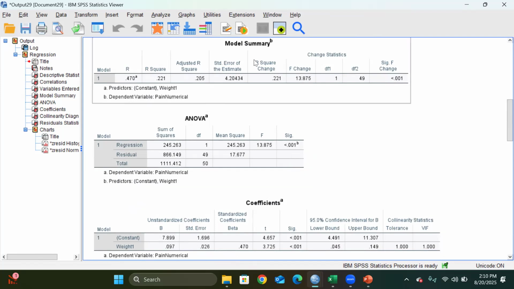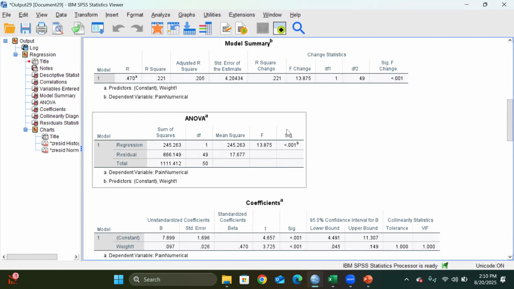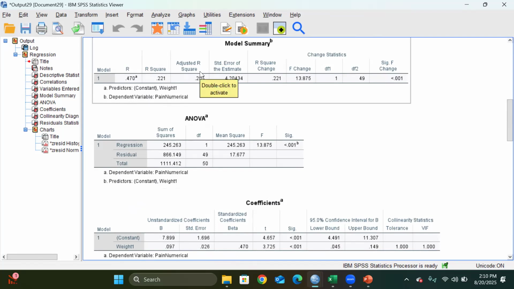Some other variables that we will be extracting from this: first, I will be reporting that my ANOVA came out to be significant. I have to report the F value. I will also be reporting the R square value, which is 0.221. Then I will explain what this R square value means.